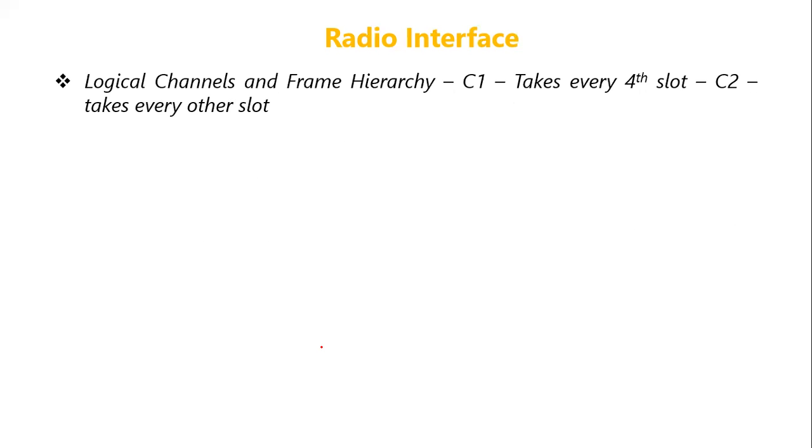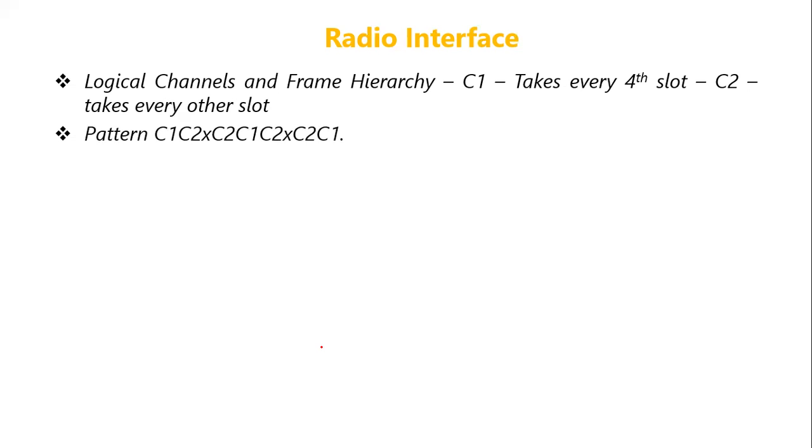Let us think of a logical channel C1 that takes up every fourth slot, and also another logical channel C2 that uses every other slot. There are two logical channels C1 and C2. C1 will take every fourth slot and C2 will take every other slot.